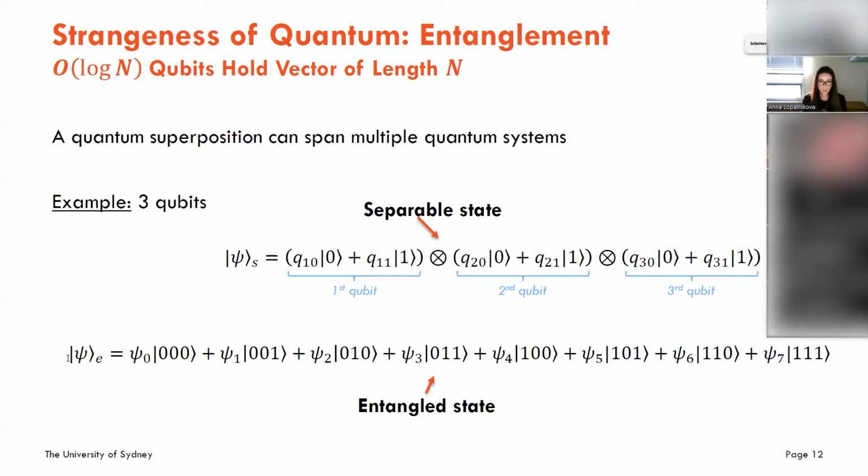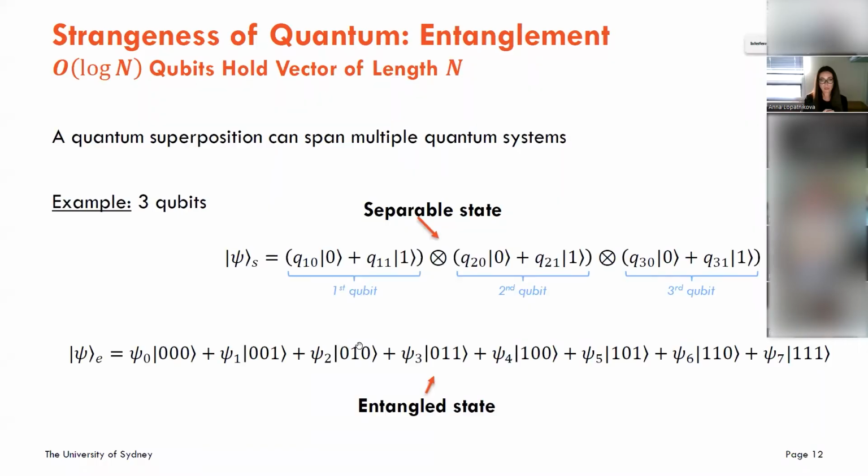We can say that the basis states of this quantum system are all the permutations of the basis states of each single qubit. So for example, this is qubit 1 in state 0, qubit 2 in state 0, qubit 3 in state 0. This one is qubit 1 in state 0, qubit 2 in state 0, qubit 3 in state 1, and so on.